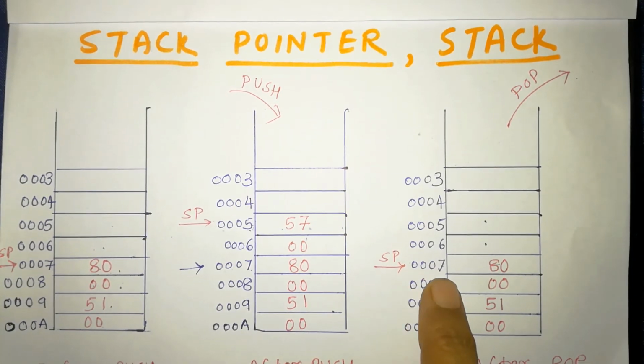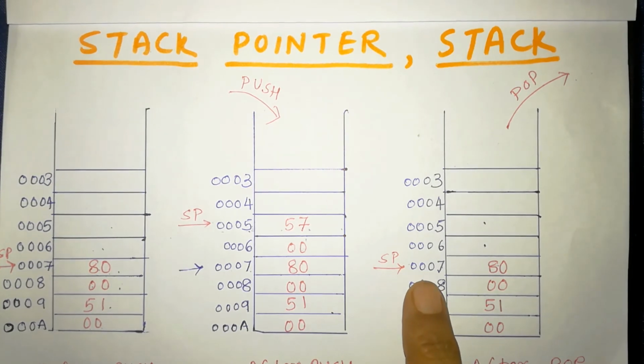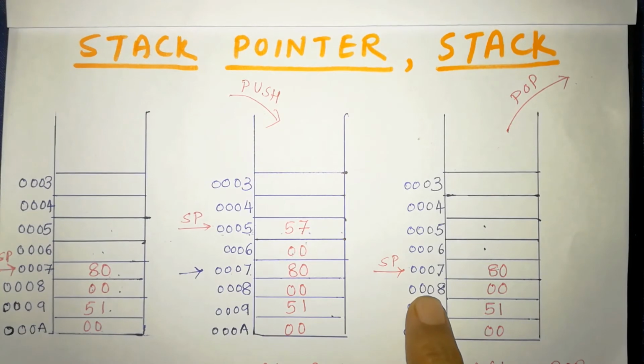That means from 0005 to 0007. To take out element from the stack is the pop operation. Stack pointer will get increased by 2, though it will come down.